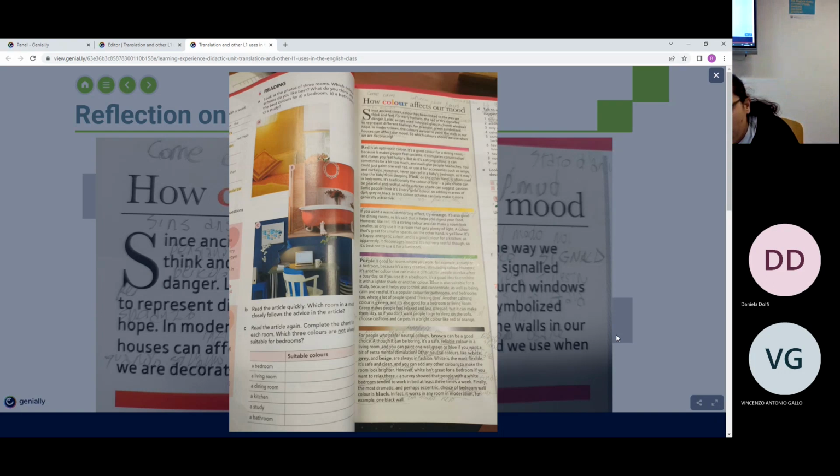Read the article quickly. Which room in A most closely follows the advice in the article? And then read the article again and complete the chart for each room. So the instructions don't really ask that you make students read out loud.